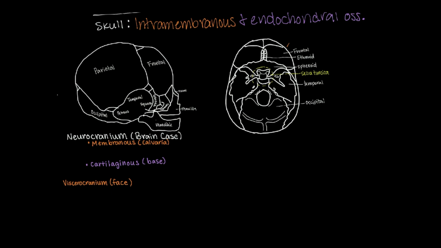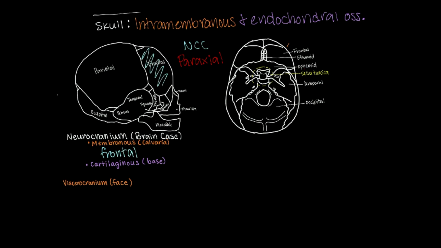But specifically, the mesenchyme is going to be composed of different germ layers. So what I mean by that is there are going to be neural crest cells and paraxial mesoderm that are going to be forming the skull itself. So now let's get into that. Looking at the membranous part, the parts that are going to be derived from neural crest cells is the frontal bone.